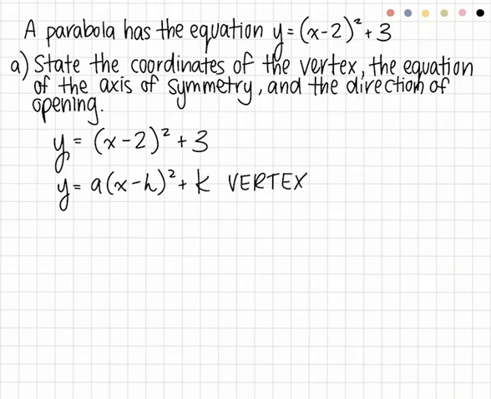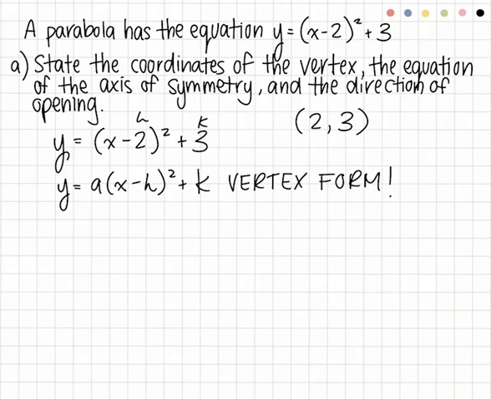That's vertex form. That's a gift. If they're asking you for the vertex and it's in vertex form, you can look at your h value, you can look at your k value, and you can determine that the vertex is going to be at (2, 3), right? We remember that the sign gets flipped because of the way it gets substituted into vertex form. Okay, so we found the vertex.